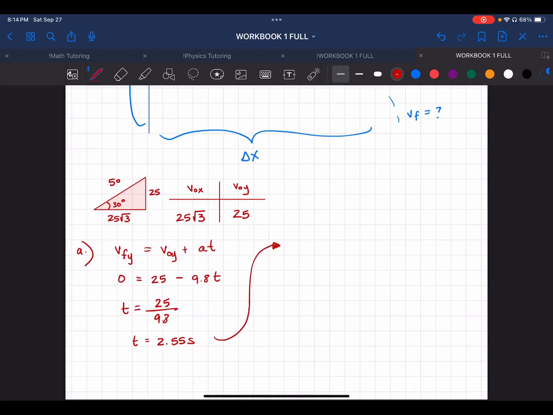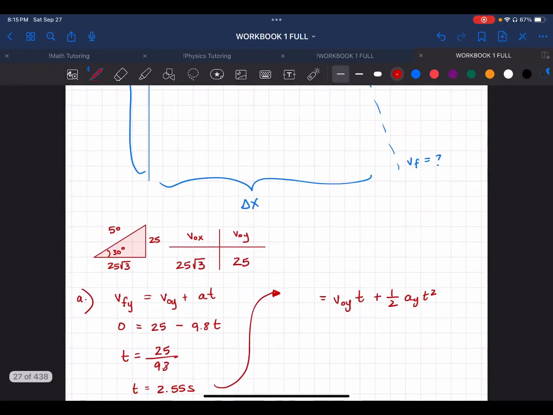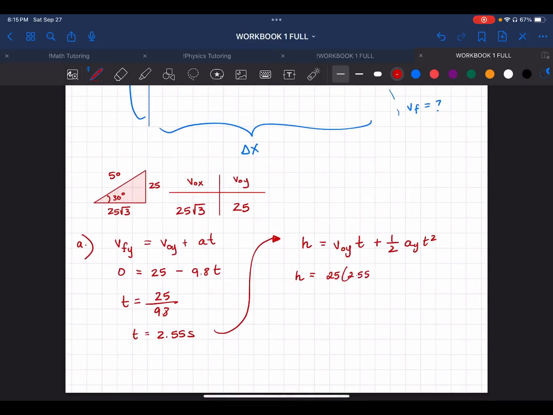So if I now use this equation, I can find delta y, or what do they call it, max height? I'm going to call it H. V0y is 25, the time is 2.55 seconds, minus 1/2 times 9.8 times 2.55 squared.